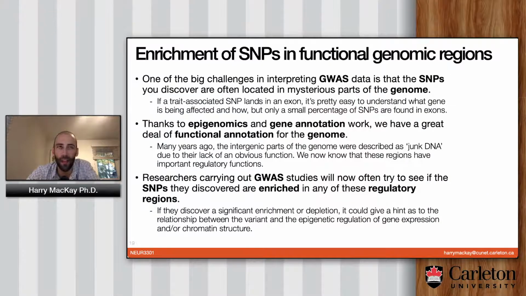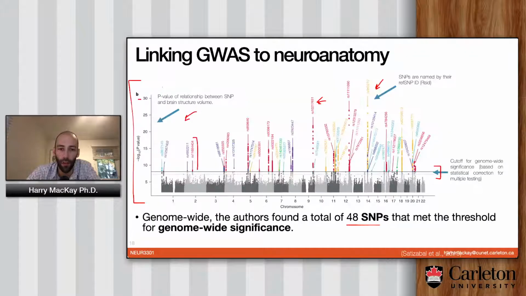So let's look at another kind of technical note here and ask, where in the genome are these SNPs located? One thing you can look at when you see a Manhattan plot, by the way, is the points tend to cluster into these little peaks. This is why it's called a Manhattan plot, there's these little skyscrapers of points where all of the SNPs in that area are more significant than the surrounding area.